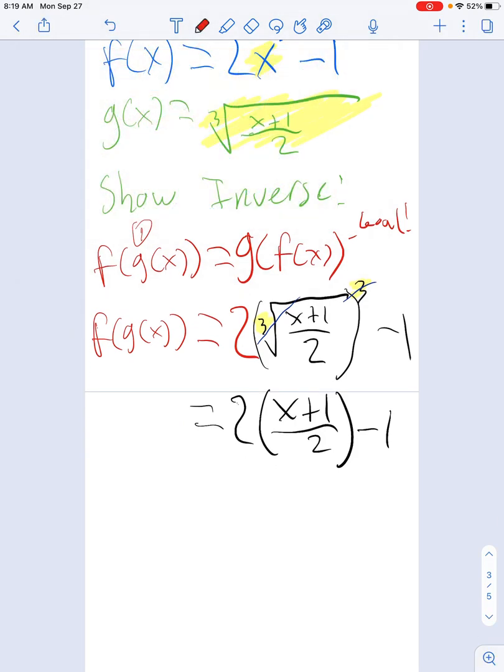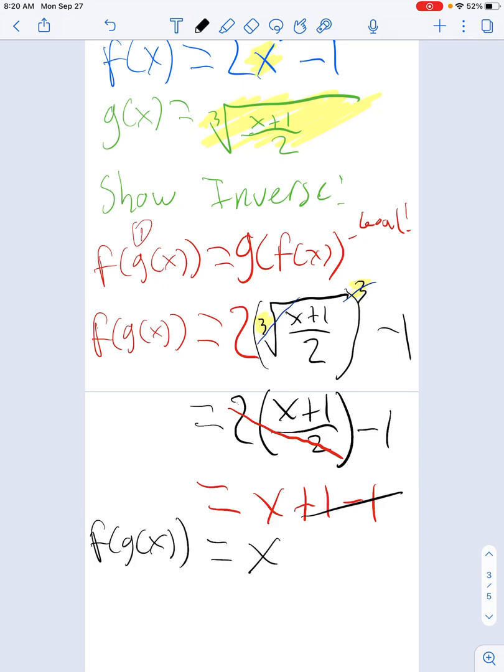Well, again, nice, because I see 2 divided by 2 cancels out, which leaves me with x plus 1 minus 1, and 1 minus 1 cancels out. Therefore, f of g of x equals x. Half of my problem is done.